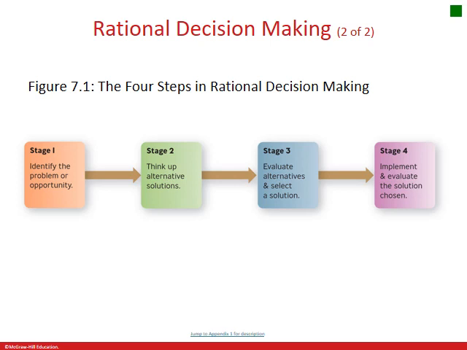The 4 steps in the rational decision-making model include: Stage 1 is identifying the problem or opportunity. Stage 2 is to think up alternative solutions. Stage 3 is to evaluate alternatives and select a solution. And Stage 4 is to implement and evaluate the solution chosen.